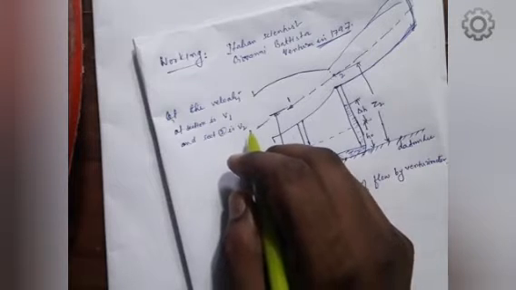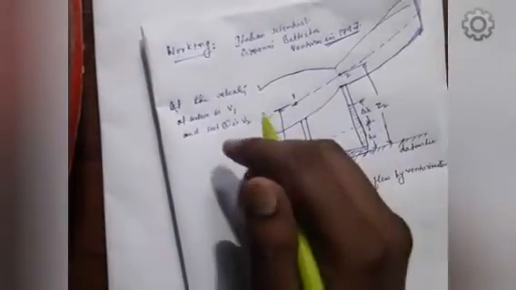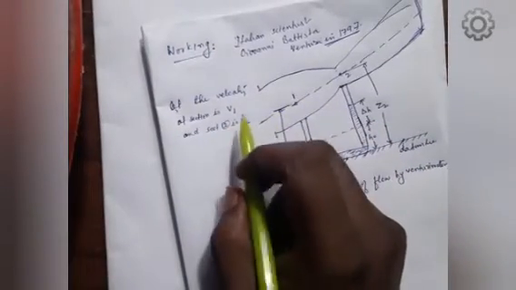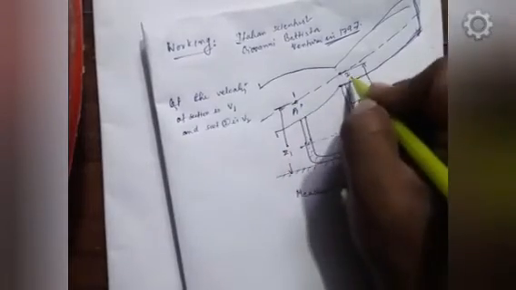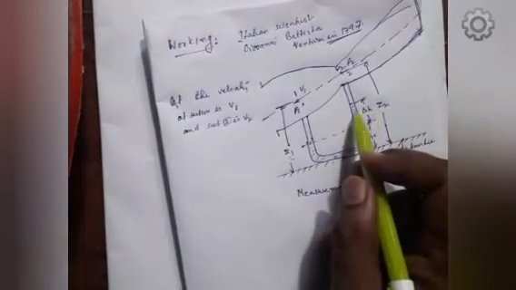Similarly, the pressure at section 1 is P1 and the pressure at section 2 is P2. V1 and V2 are the velocities. The datum heights are Z1 and Z2.